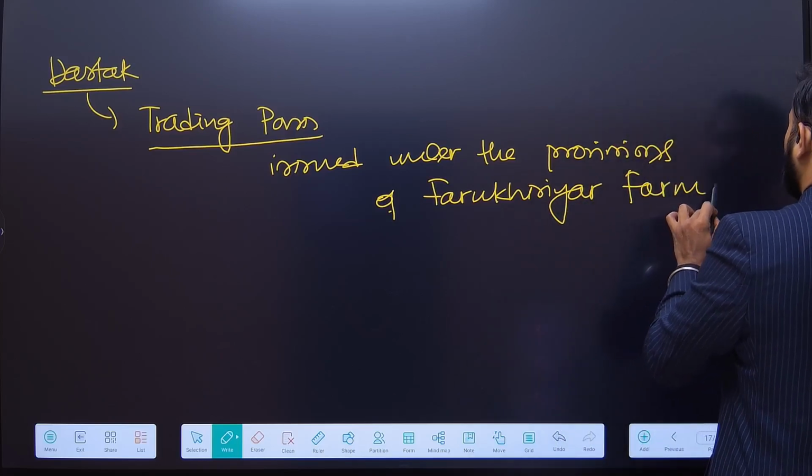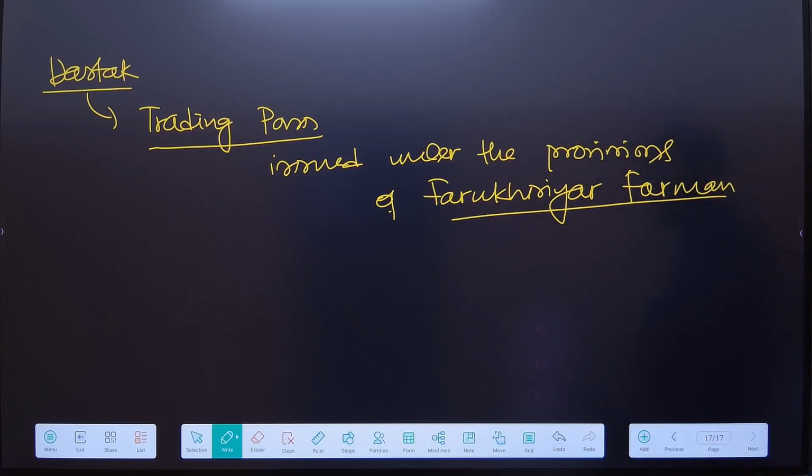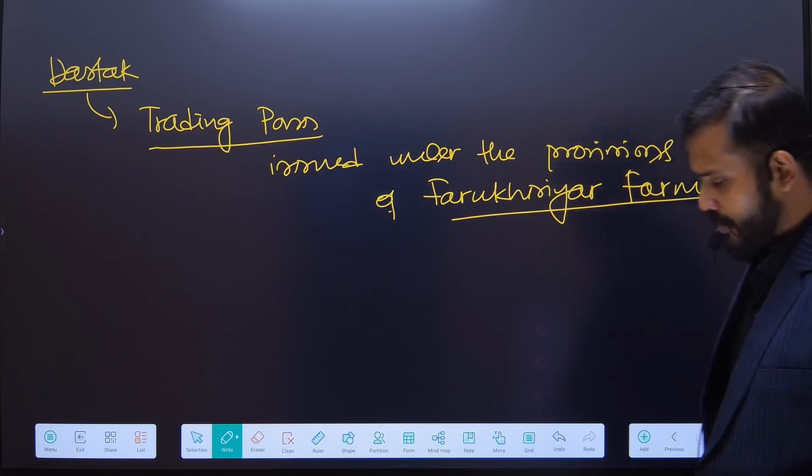This point was asked in your prelims. Issued under the provisions of Farooq Siyar Farman. Full stop.